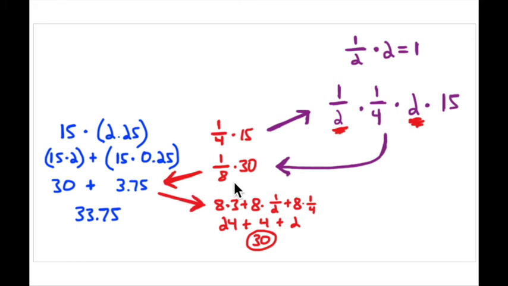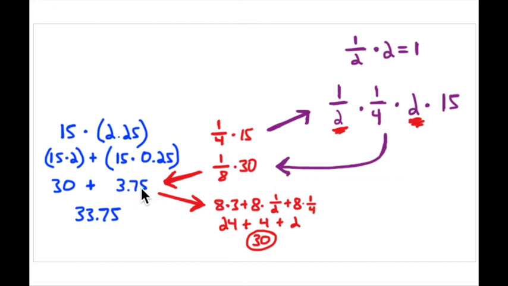Well, if that's the same as 1/8 times 30, then if I multiply this number by 8, I better get 30. So 8 times 3 75/100 is equal to 8 times 3. So I'm going to use the distributive property. 8 times 3 plus 8 times 1/2. I'm separating the 75/100 up into 1/2 plus 1/4.